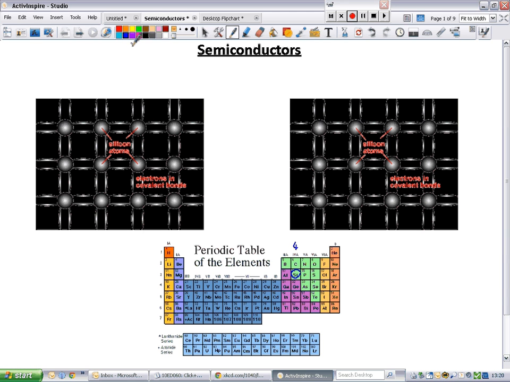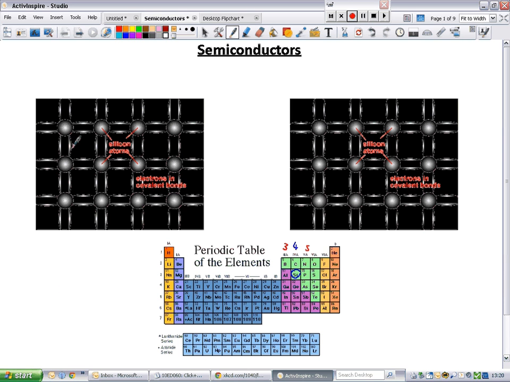Now, what you can do with semiconductors is add a group 3 element, maybe one atom in every 1,000 or so can be changed to something in group 3, or one atom in every 1,000 or so can be changed to something in group 5. So that means you either have one additional electron or one sort of missing electron.